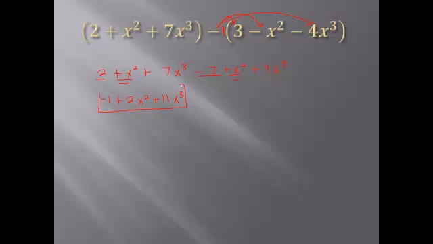Remember, when you add like terms, you do not change your exponents. So that would be our answer. And you would do the same thing with addition, except you wouldn't have to change any signs. You would just add the like terms.